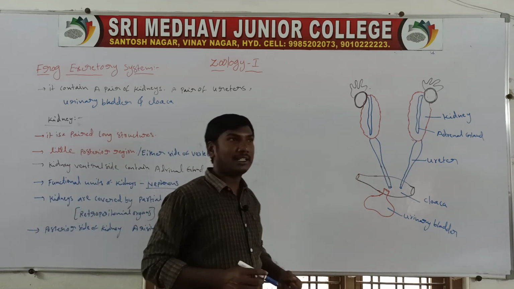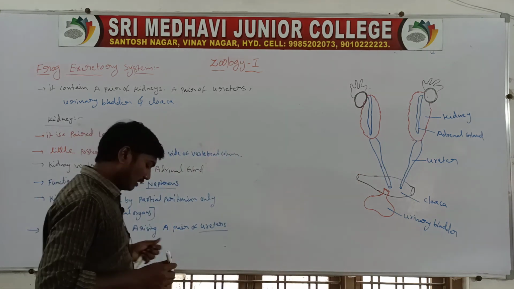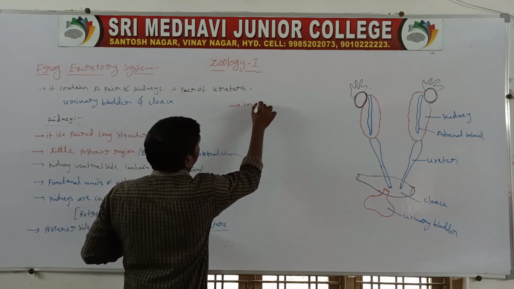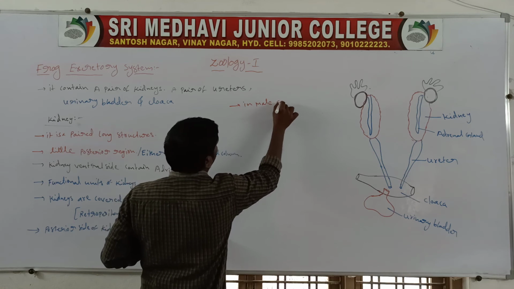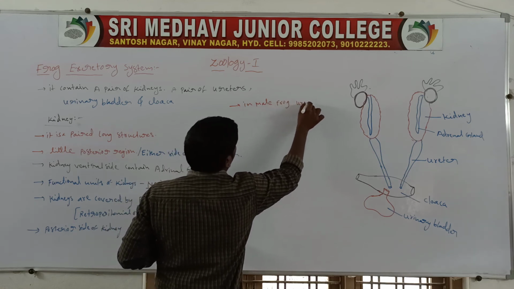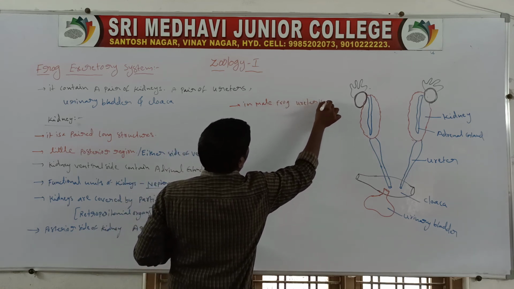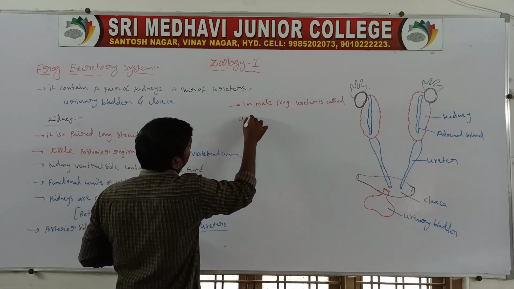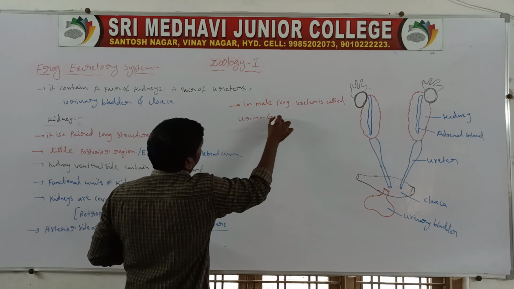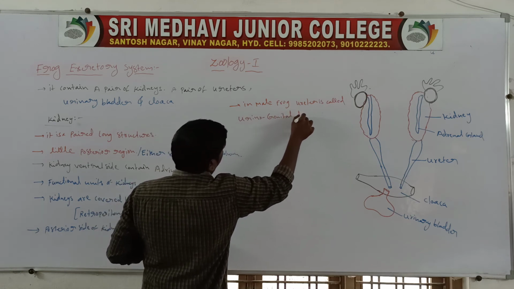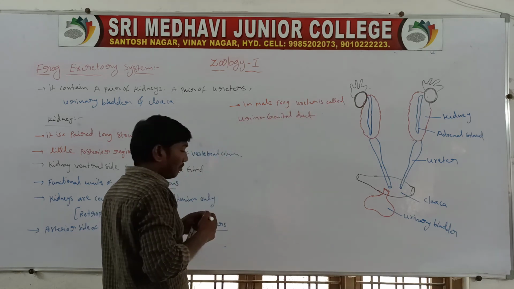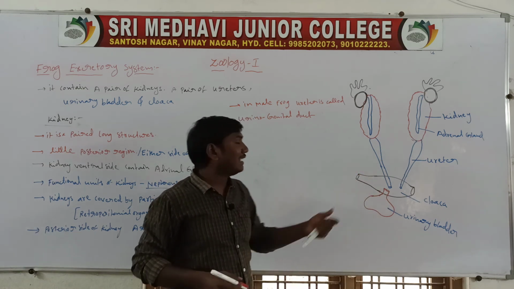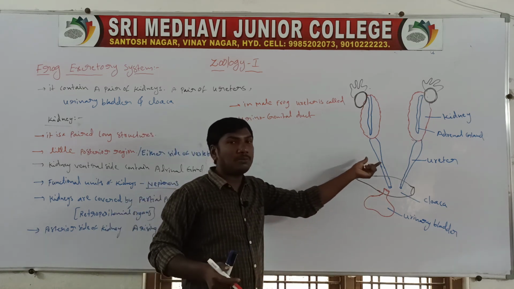In the male frog, the ureter is called the urinogenital duct because it transports both sperms and urine.